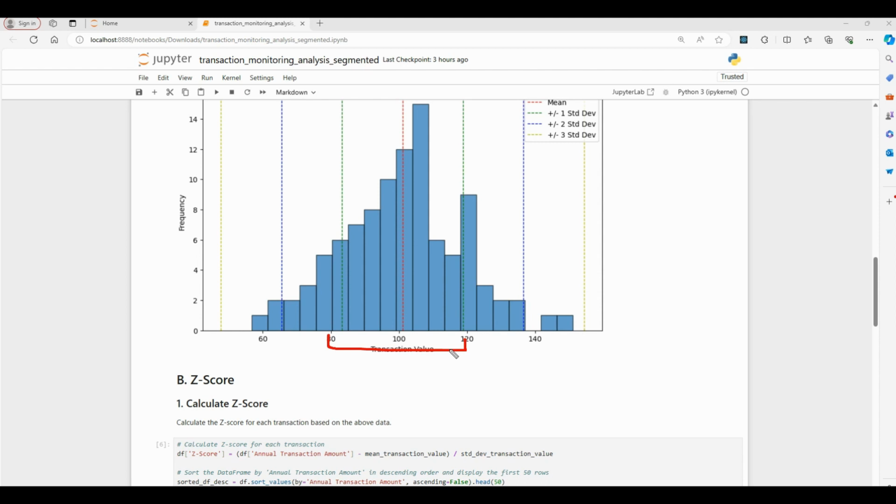For example, if it is determined that suspicious activity is more likely to occur within the top 20% of accounts rather than just the top 0.3%, the threshold for flagging transactions should be adjusted accordingly. Therefore, for this, we need to perform above and below the line testing, which is a very important concept that we will be discussing in our upcoming lectures.